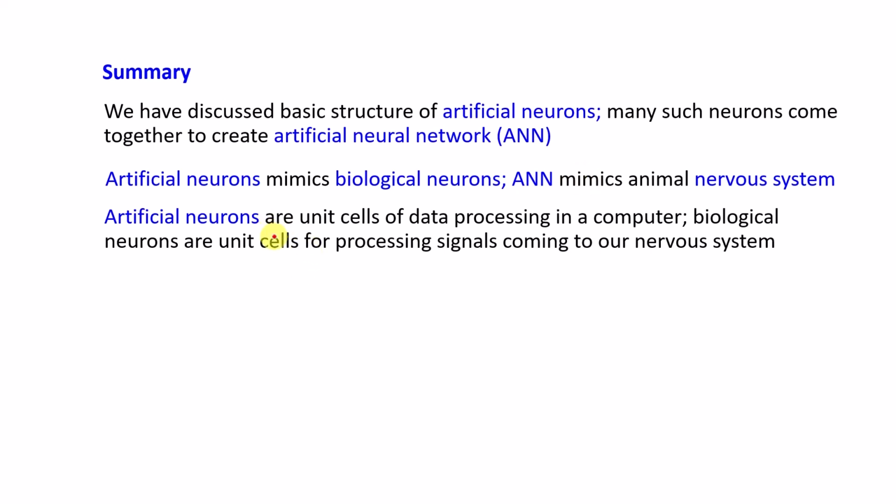Computationally speaking, these artificial neurons are unit cells for data processing in a computer. This is how we'll process our data in a computer. Just so, biological neurons are unit cells for processing signals that are coming to our nervous system.